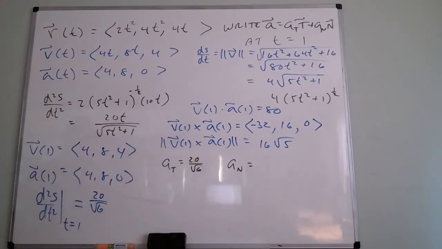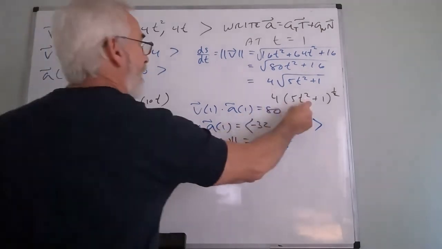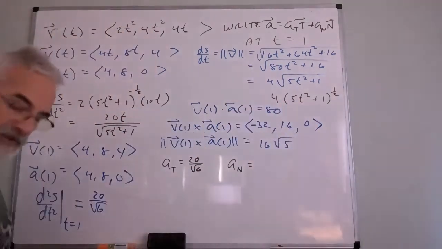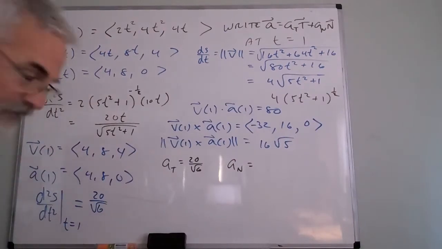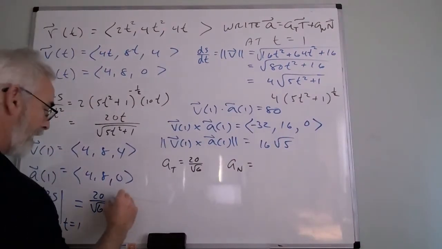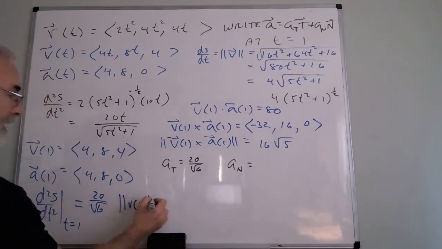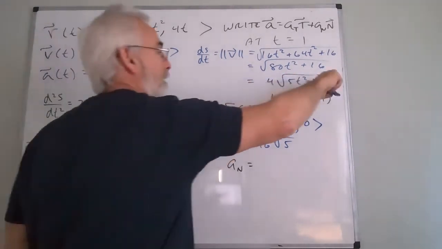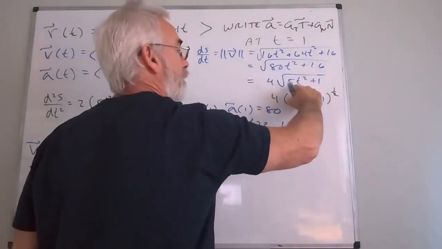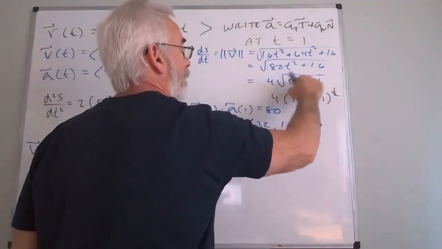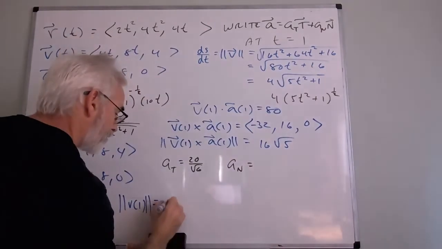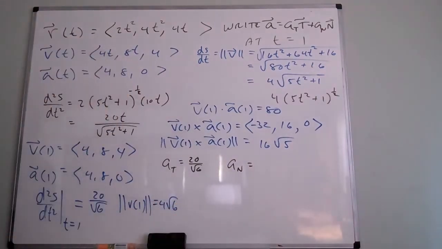Actually, we haven't evaluated this. So let's evaluate that guy. I said we were done. There was one more. I need the length of v of 1. Don't think we ever found that. So if I replace t with a 1, that's going to be 4 root 6. Okay, so I needed that piece.